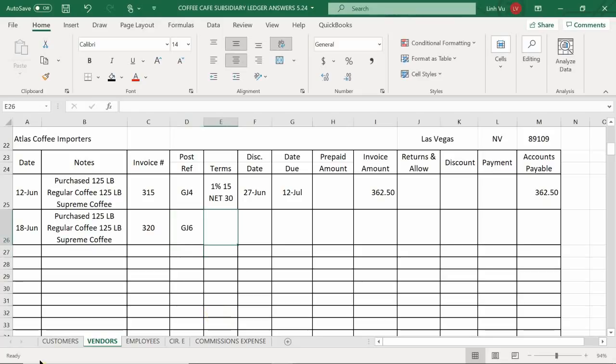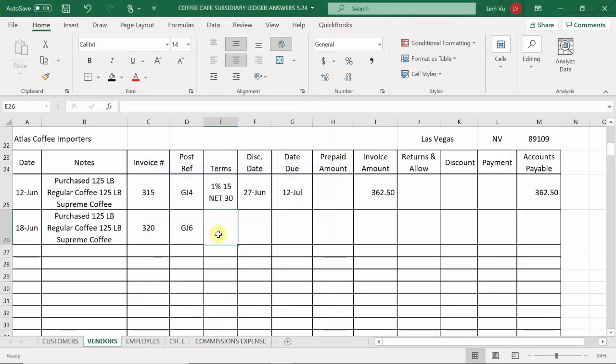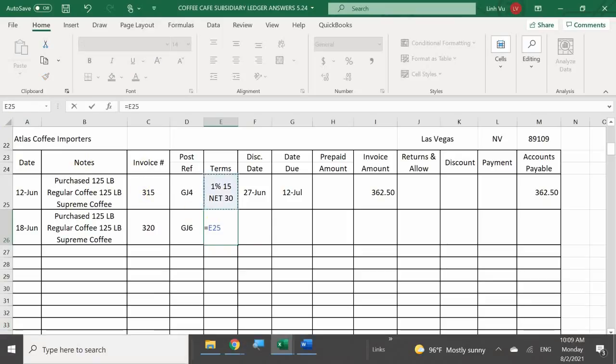What were my terms? We have the same terms of 1%, 15, net 30.